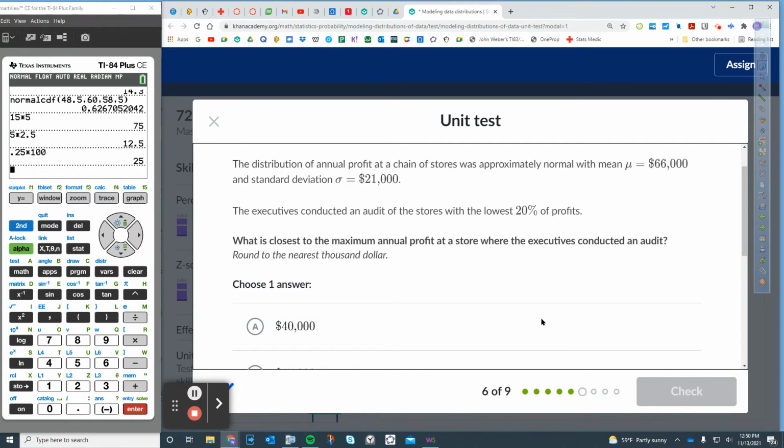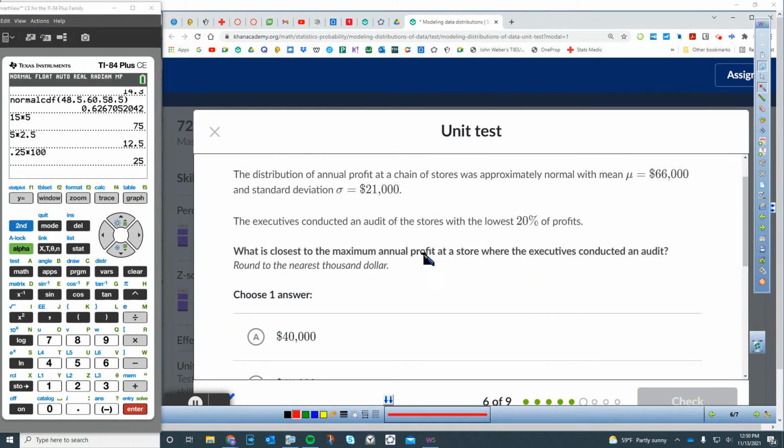So I know this question is pretty wordy. But what it's saying is this. You have a normal distribution, and the mean here is 66,000. And we have a standard deviation 1, 2, 3 to the right, and 1, 2, 3 to the left.